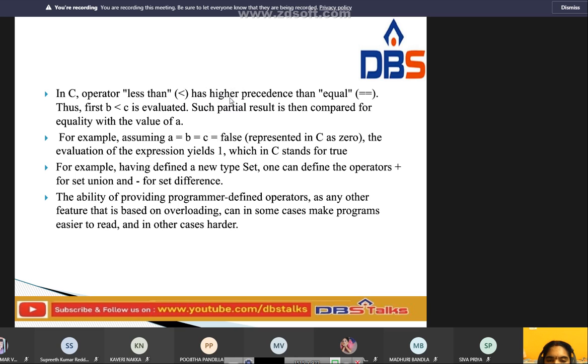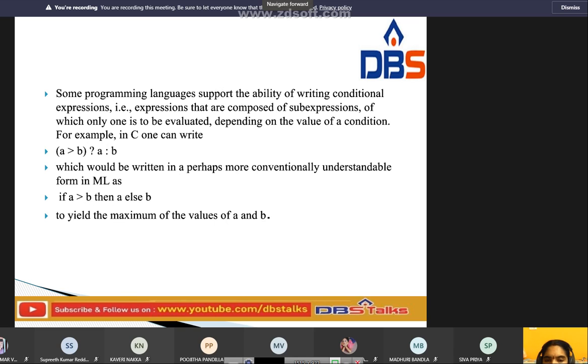Next, some programming languages have the ability of writing conditional expressions.